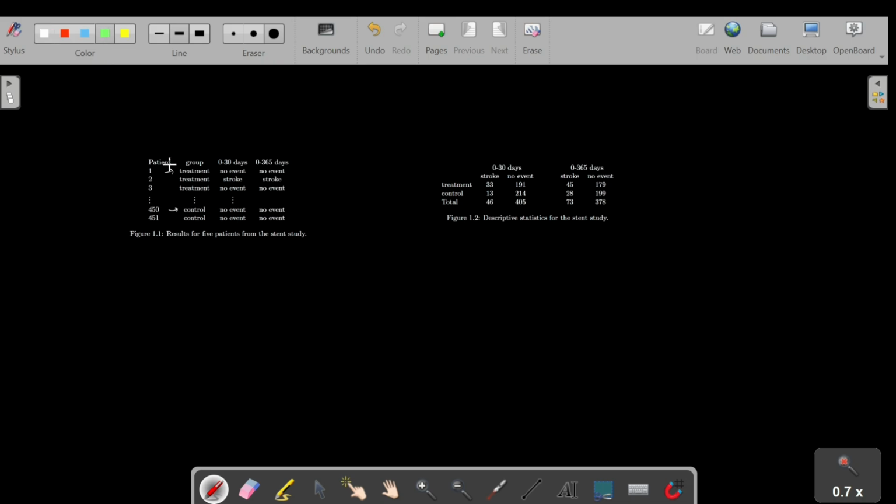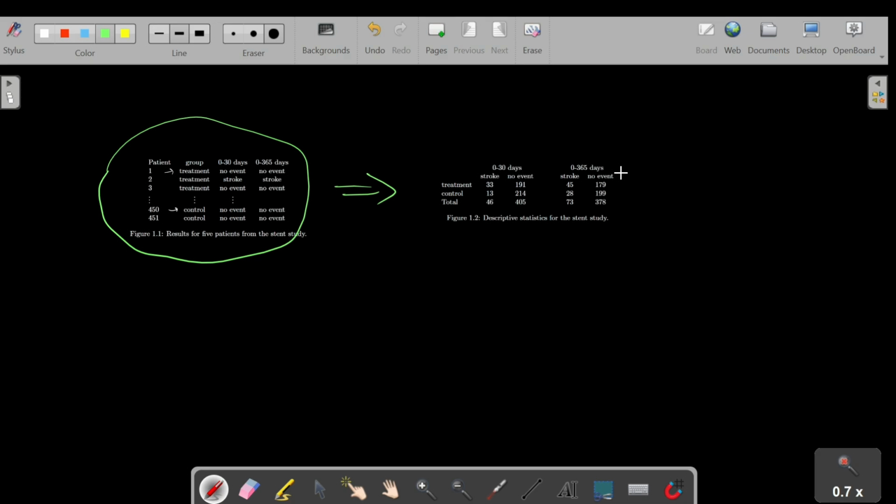So this kind of table is hard to summarize. So we have converted this into a 2 by 2 matrix where we look at the control group and the treatment group, and within 0 to 30 days we see how many people in the control group and the treatment group have gotten a stroke, or have no occurrence of stroke.